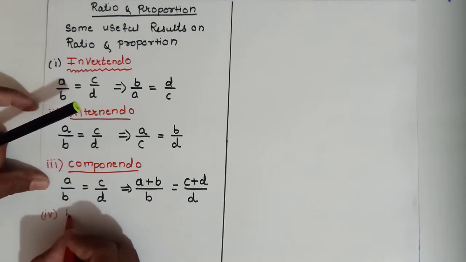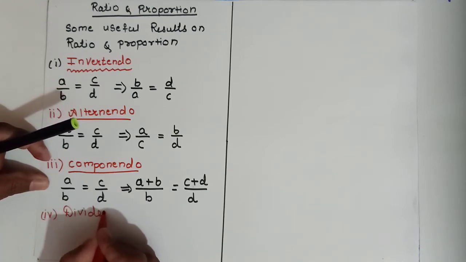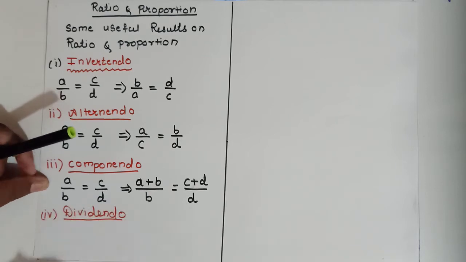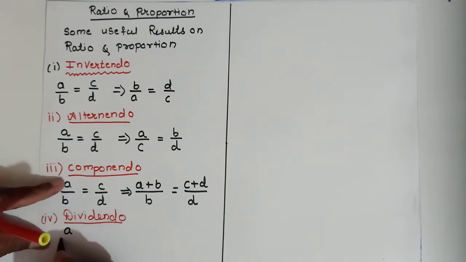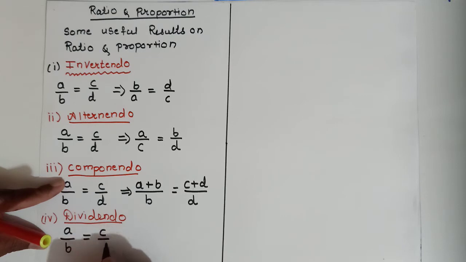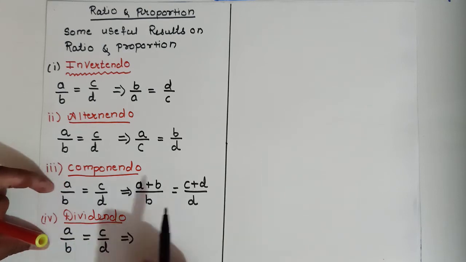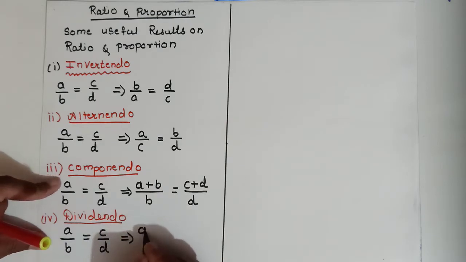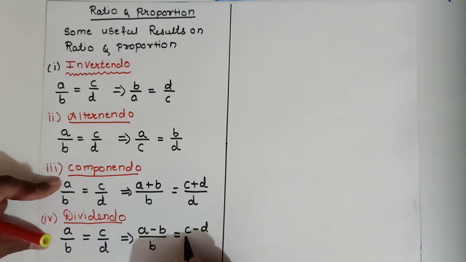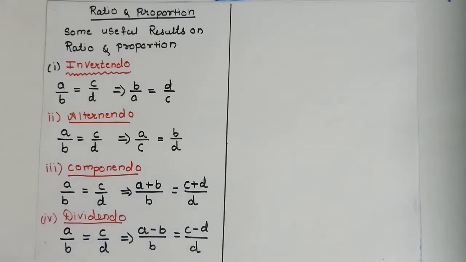Now, if the terms are in proportion, A upon B equals C upon D, after applying the dividendo property, unlike componendo where we add the two terms, here we subtract. So it will be A minus B divided by B equals C minus D divided by D. This is your dividendo property.